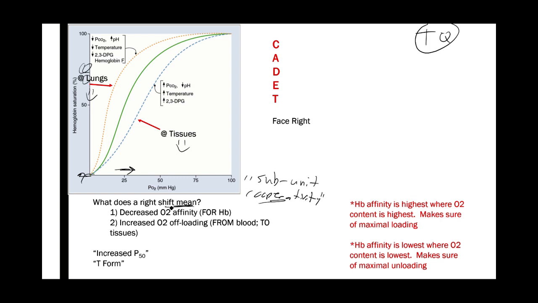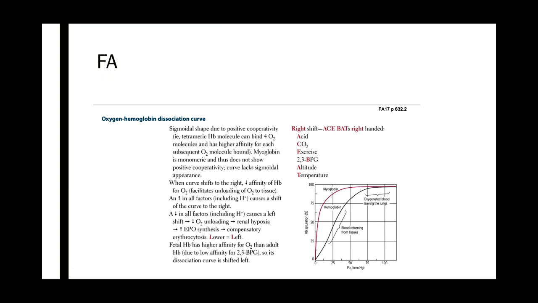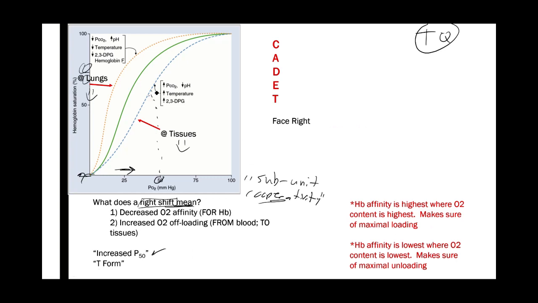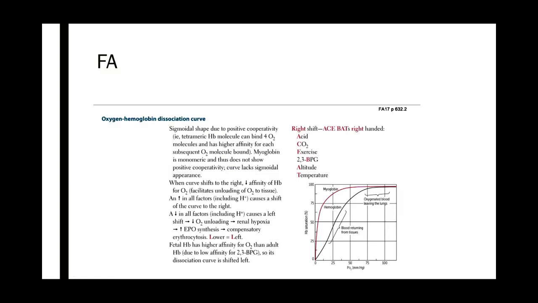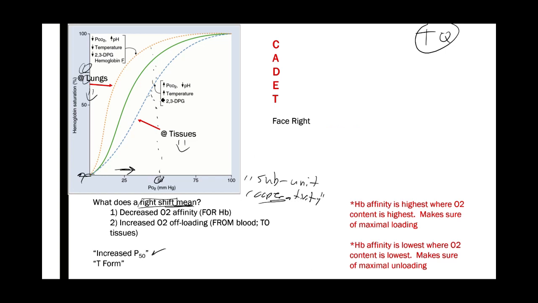Another way you'll see right shift in terminology is increased P50, and that's just right here. You compare it over here on the y-axis.